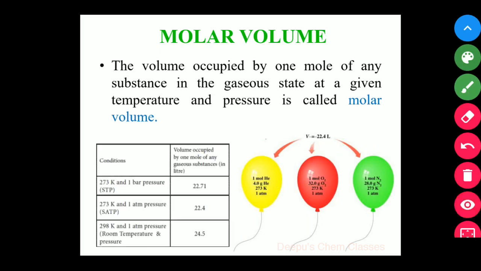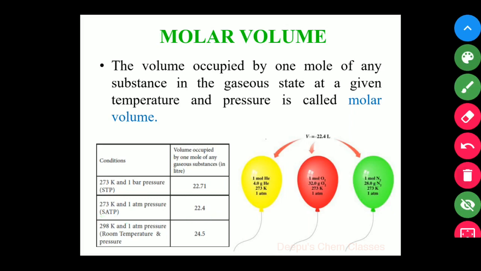So these are the standard molar volumes according to the given conditions. At 273 K and 1 bar pressure, it is simply called STP, and the standard molar volume is 22.71. If the condition is 273 Kelvin and 1 atmosphere pressure, we can simply call it SATP, and the standard molar volume is 22.4 liter.